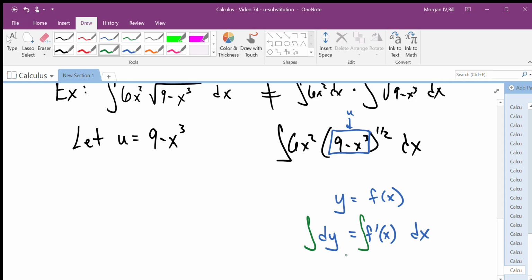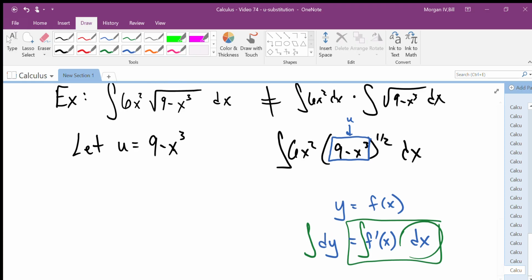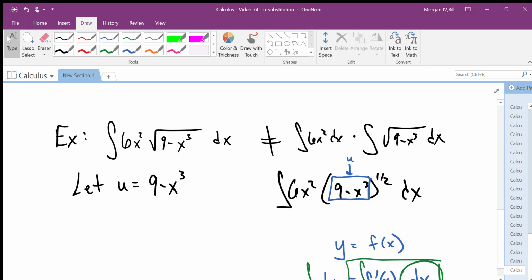That's where this form is coming from. That 6x squared square root of 9 minus x cubed is the f prime of x. So we're going to integrate that, the antiderivative of this function with respect to x. We kind of think about this dx as with respect to x. So I am in this x world here, where I have functions of x and dx.